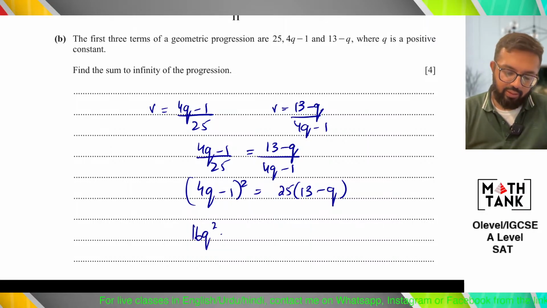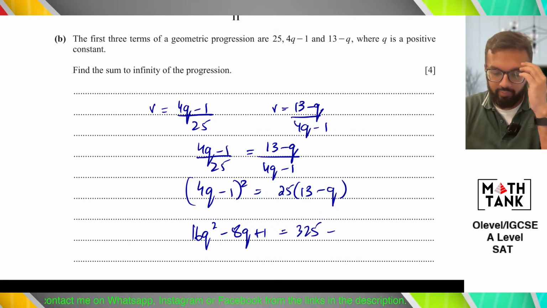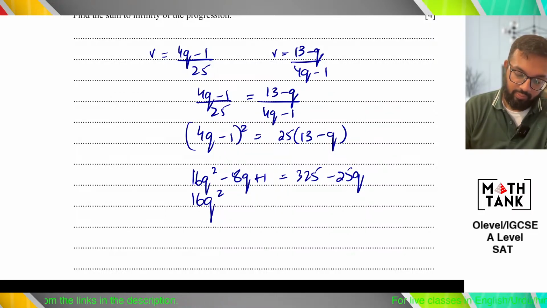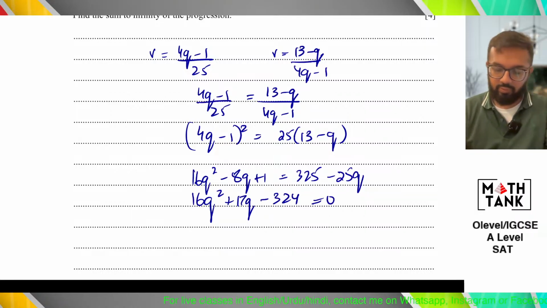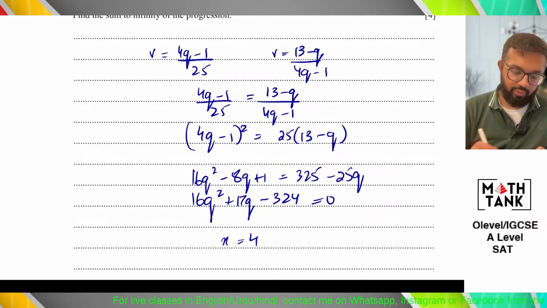So 16q squared minus 8q plus 1 equals 250 and 720, which gives 4 and minus 81 over 16.